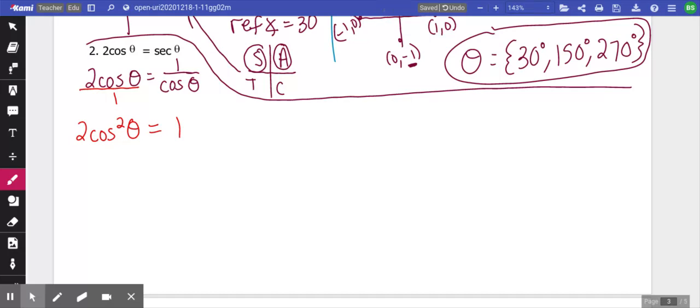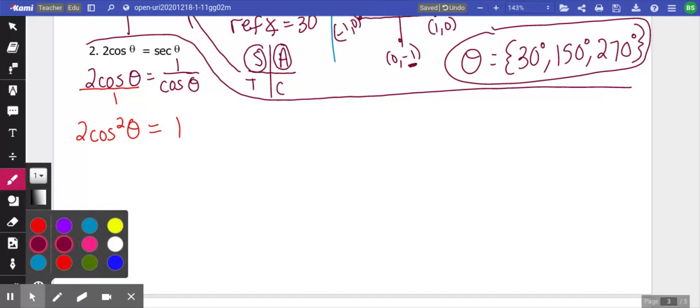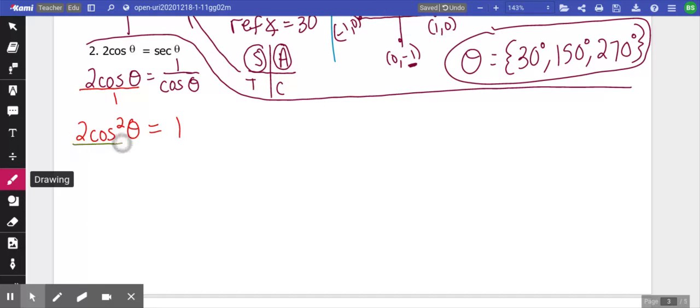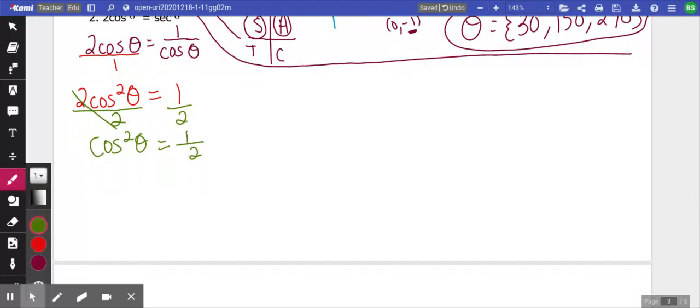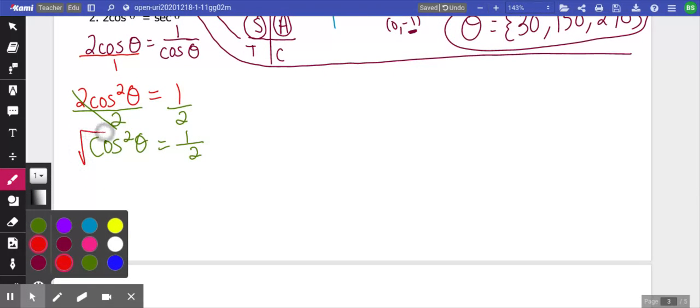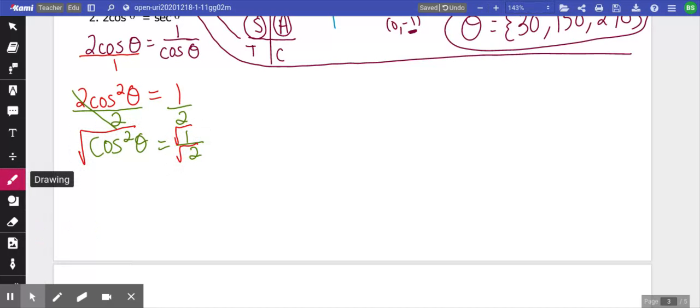Okay. Then here to solve, I just need to divide by 2. Cosine squared theta equals 1/2. Okay. And then I need to take the square root. All right. Remember, whenever you take the square root, you need your plus and your minus.